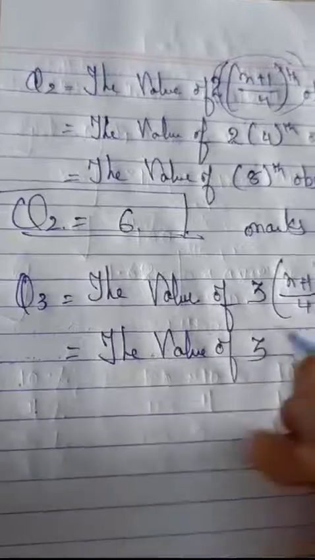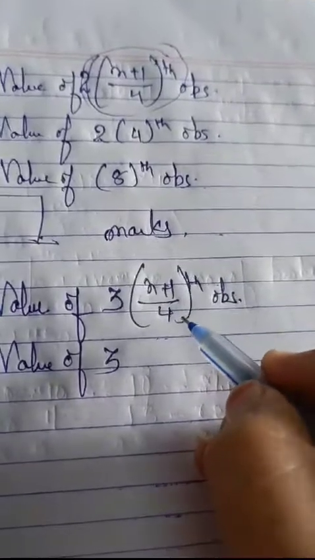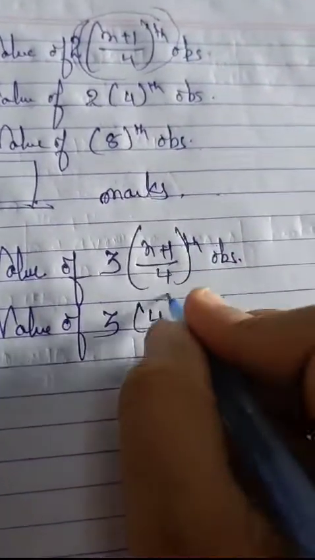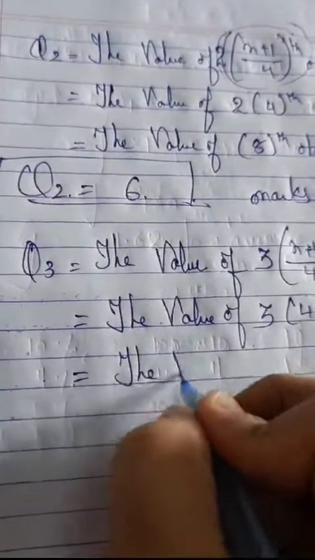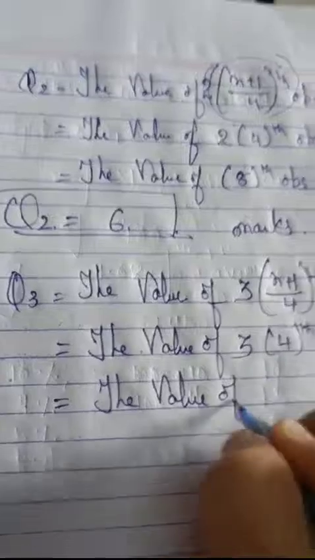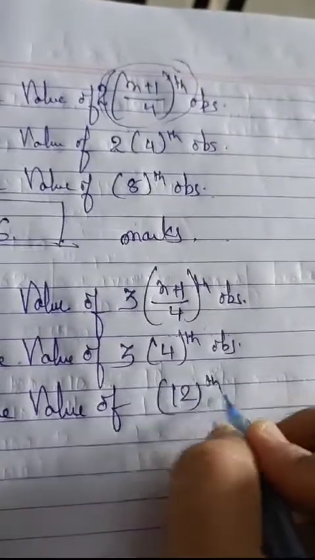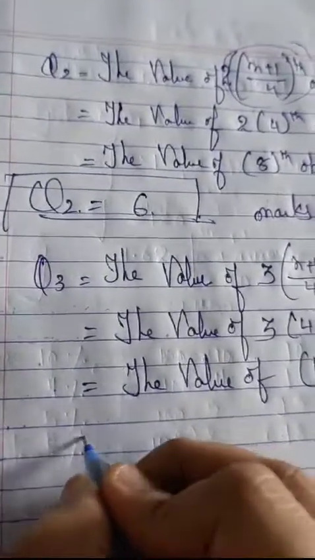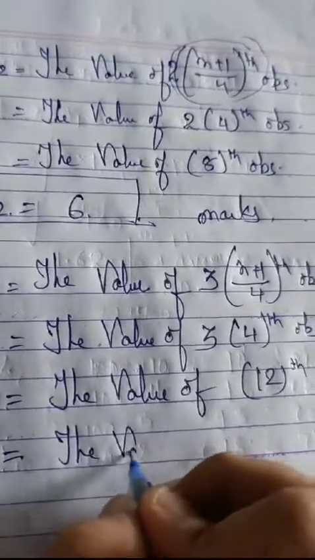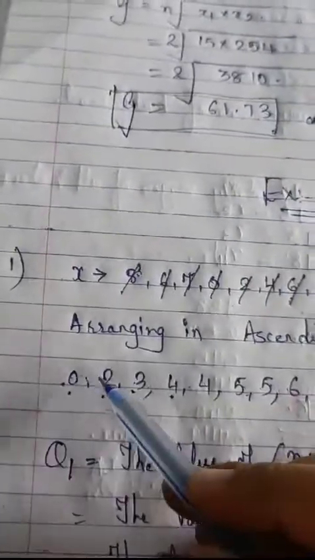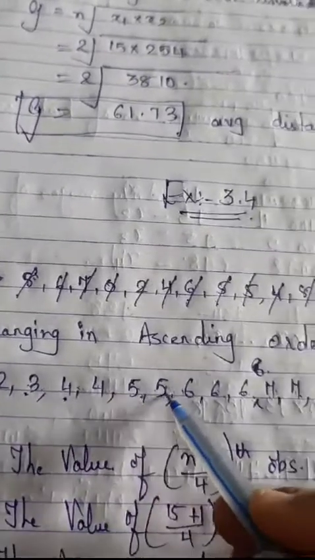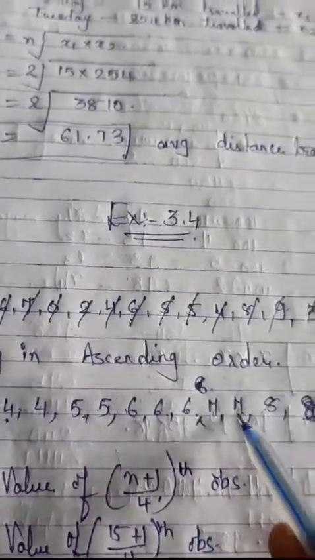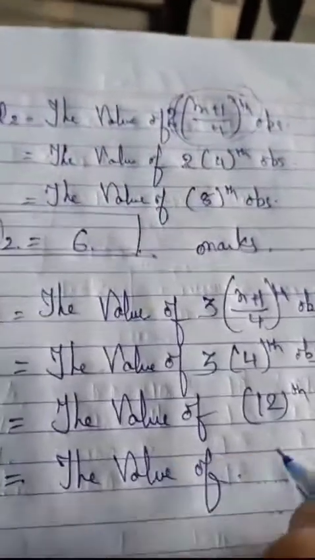We know the value of (n plus 1) divided by 4 is 4, so 3 into 4th observation. 3 4s are 12, the 12th observation. Counting 1, 2, 3, 4, 5, 6, 7, 8, 9, 10, 11, 12. So what is the value?